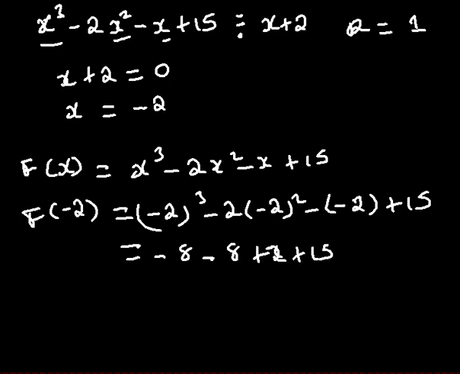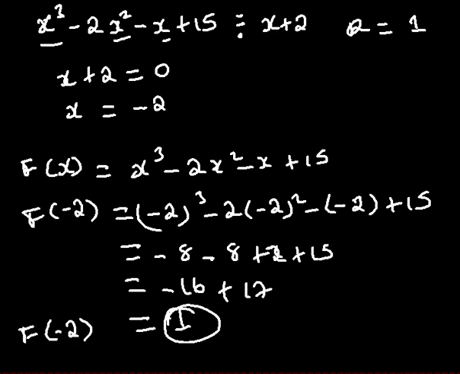So negative 8 minus 8 is negative 16, and then 2 plus 15 is 17. Negative 16 plus 17 gives positive 1. So f of negative 2 is equal to positive 1.